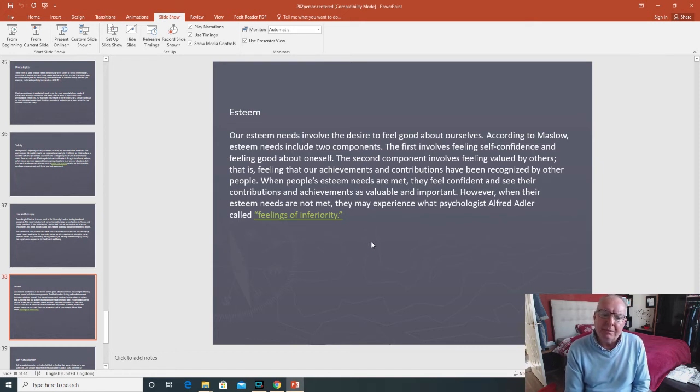So I think practically and experientially, from my own life experience, I can see the value in Maslow's theory. When people's esteem needs are met, they feel confident and see their contributions and achievements as valuable and important.